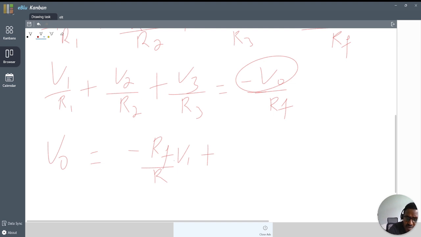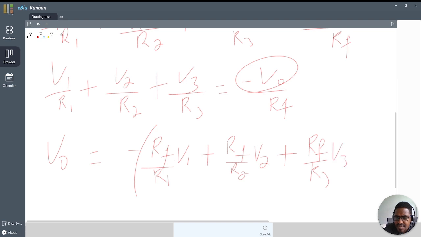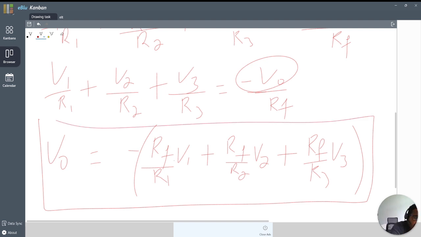Let's see, this minus applies to the whole bracket: minus, in the bracket, RF over R1 multiplied by V1 plus RF over R2 multiplied by V2 plus RF over R3 multiplied by V3. So this is our V out for the inverting summing amplifier.